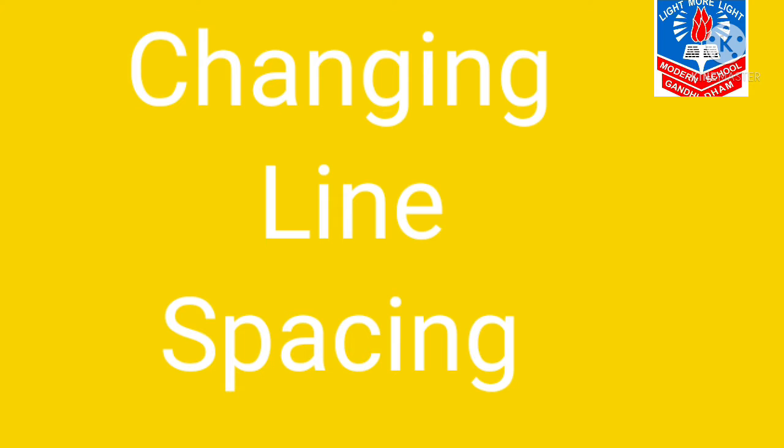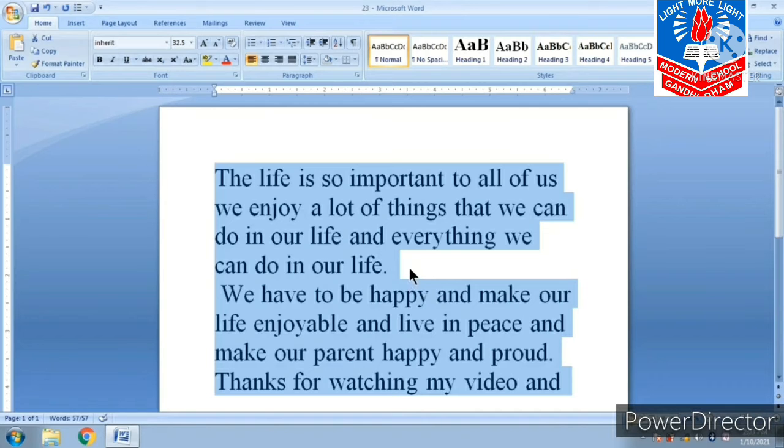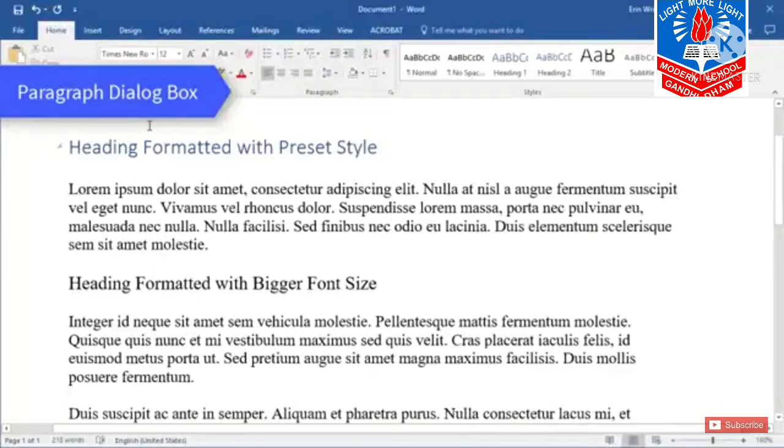Now next topic, changing line spacing. You can also change the spacing between the lines of a text. To do so, select the text in which you want to give spacing between the lines. Now second step, go to the Paragraph group of Home tab and click the Paragraph dialog box launcher button.